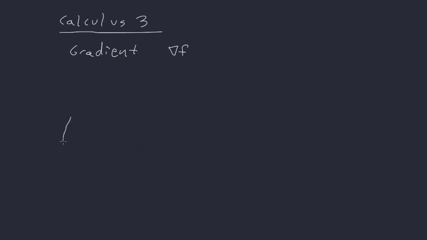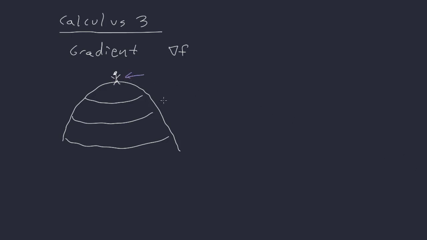Well, if you think about being at the top of a hill, standing at the very top, the question would be, what direction should we travel in to ascend? What is the direction of steepest ascent?